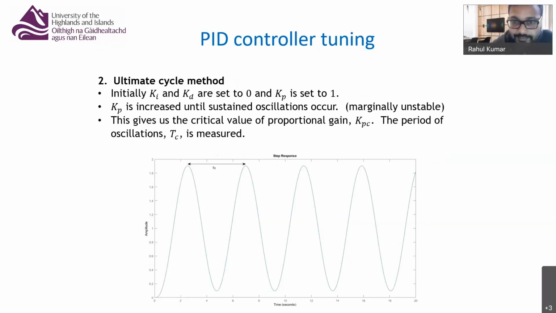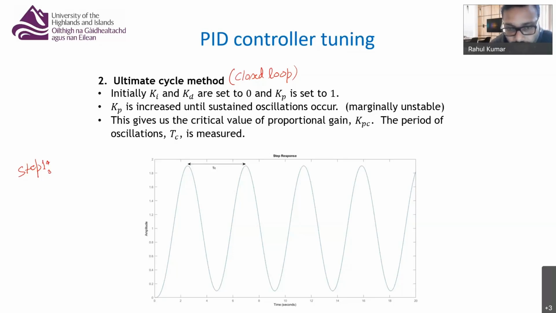Now in the case of the ultimate cycle method, this method is for closed loop system. Okay. Now in this method, step 1 is to initiate the values of Kp, Ki, and Kd.